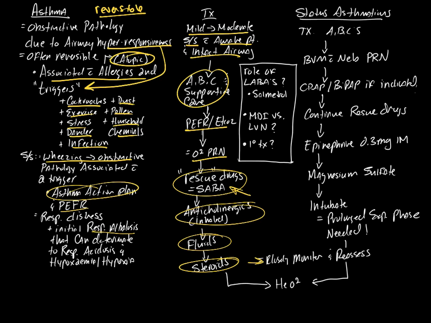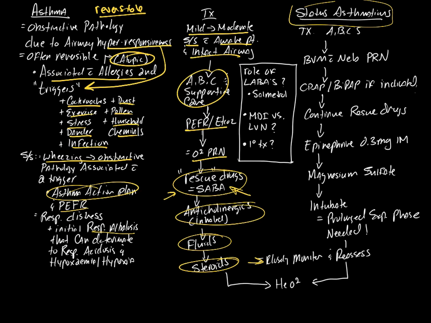Now, what is status asthmaticus? Yes, so this is an asthma attack that does not respond to rescue therapy, to short-acting beta agonists, right? And some history that you want to get in your patients, right?